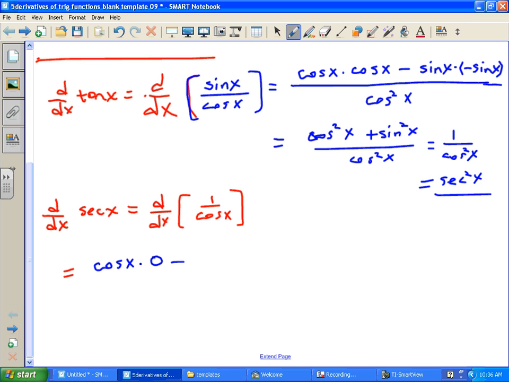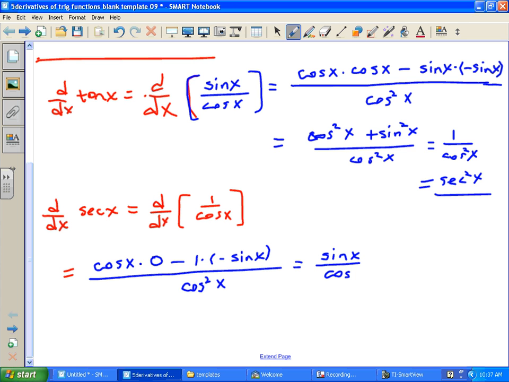Minus the higher term, which is 1, times the derivative of the lower, which we just learned is negative sine x. Everything divided by the bottom squared, which is indeed cosine squared of x. Now, if we simplify this a little bit, we have positive sine, because 0 times anything is 0, right? You have positive sine over cosine squared.